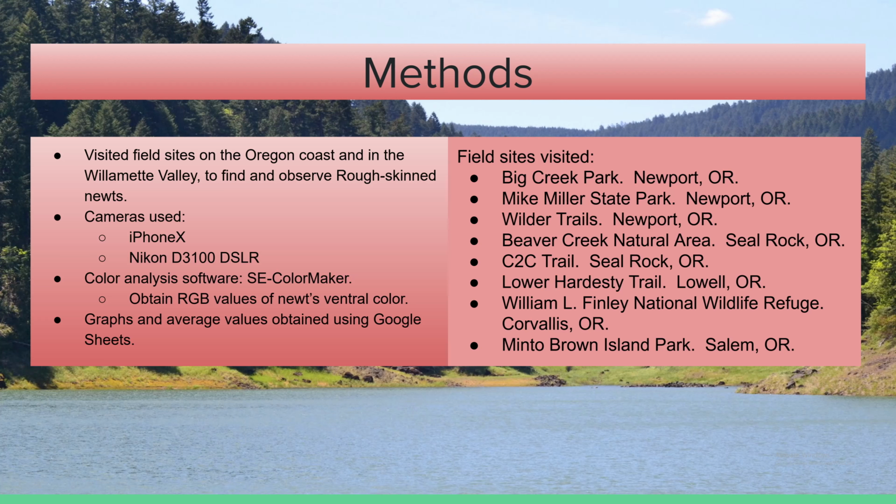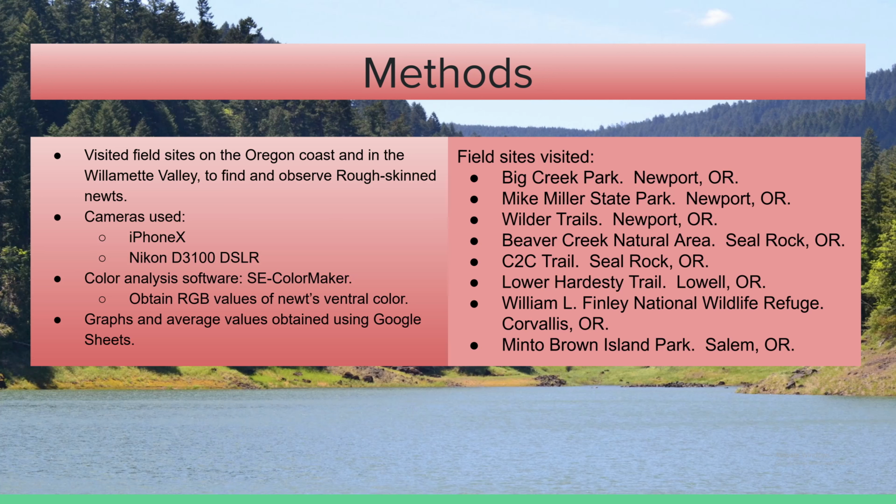I used 2 different cameras, my iPhone X and Nikon D3100 DSLR, to take pictures of the ventral color of my specimens. And then I used a color analysis software, SE Color Maker. This software returns red, green, blue values of an image.